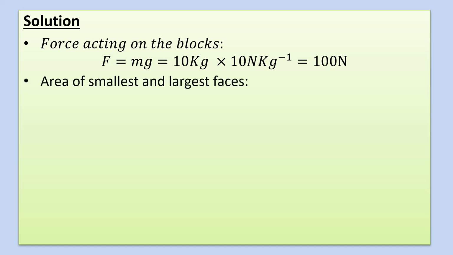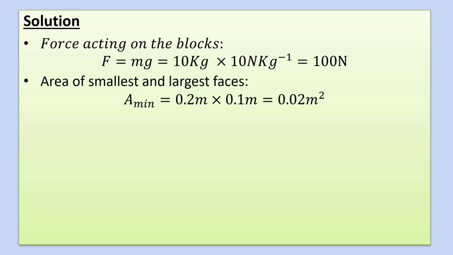And then we calculate the areas of the smallest and largest faces respectively. So starting with the smallest, we call it minimum area or A min. We convert the values. 20 centimeters should be equal to 0.2 meters times 0.1 meters for 10 centimeters.